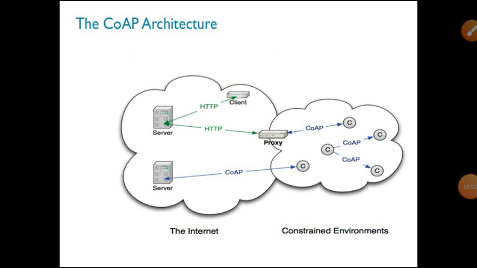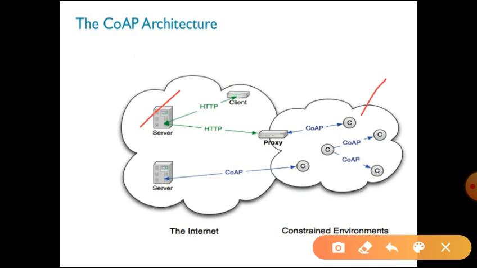It can be between a server and a client. It can also be between a server and a client where a proxy is involved, where the proxy works as a gateway that forwards messages between server and client.